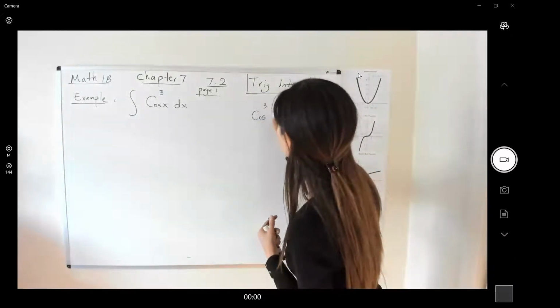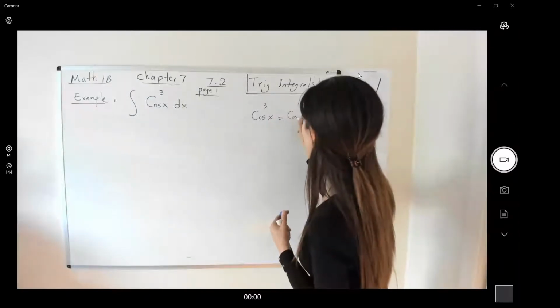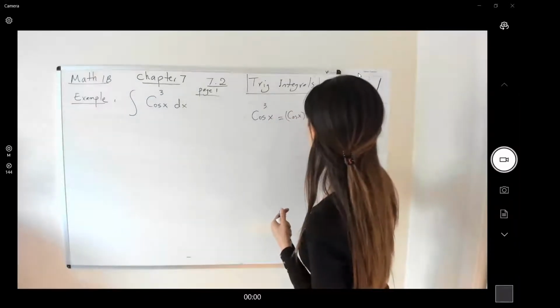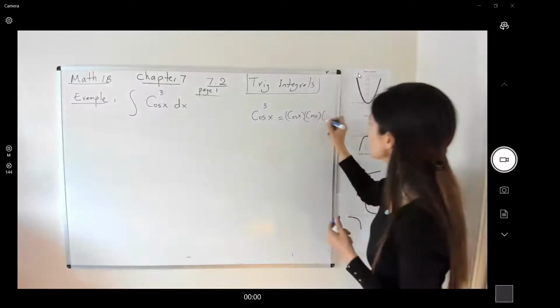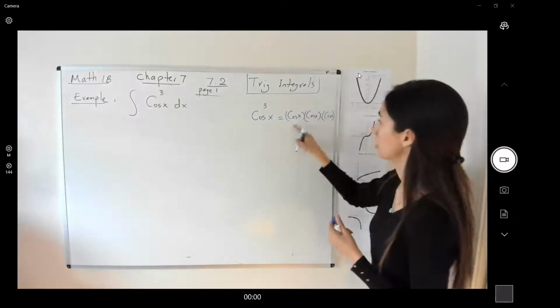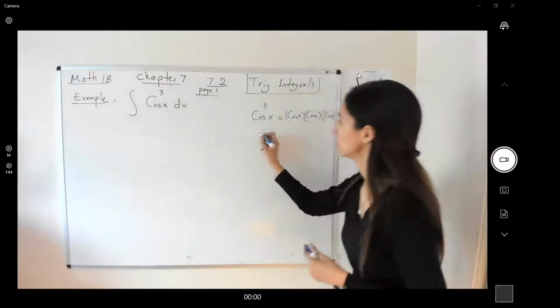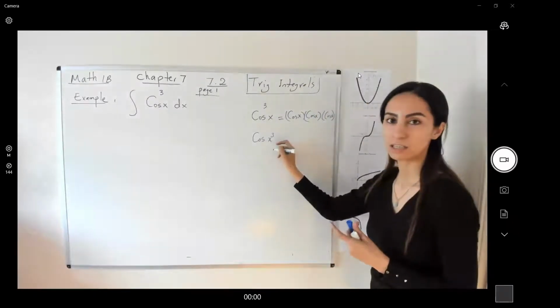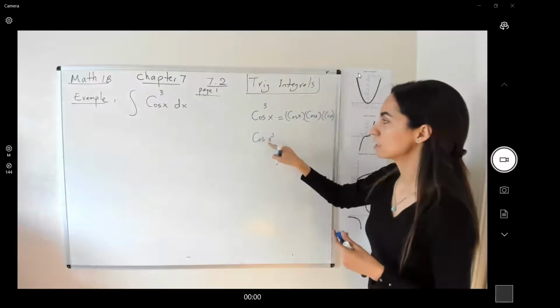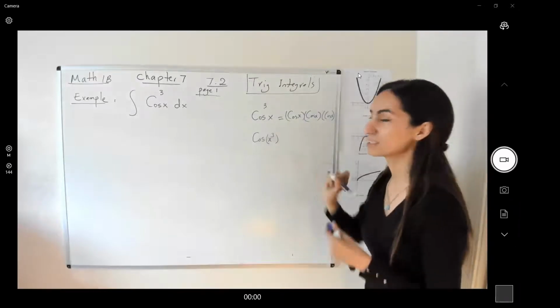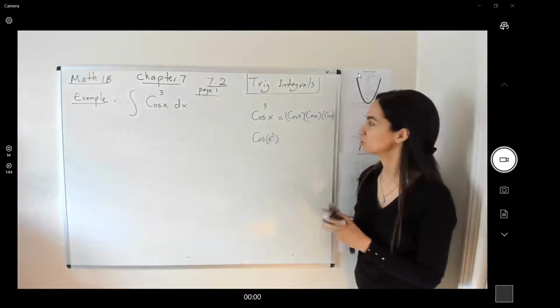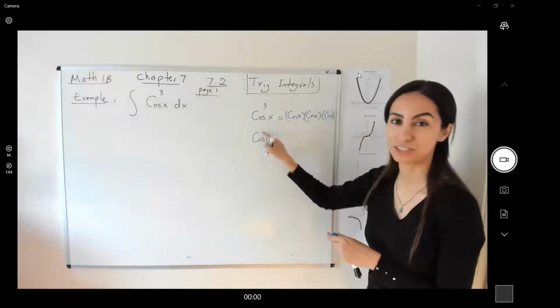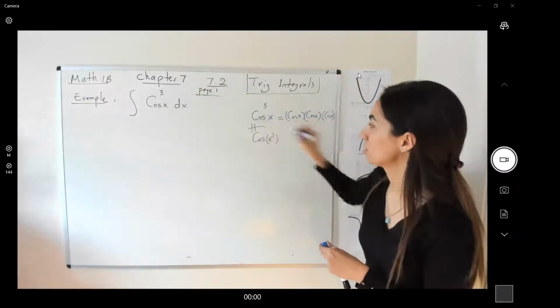Cosine to the third of x is cosine x times cosine x times cosine x, 3 times. This function, cosine x to the third, is cosine composed with x to the third. So these two functions are different from each other. They are not the same.